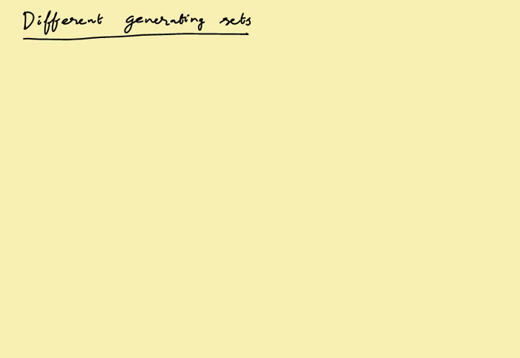Okay, so finally we'll turn to the situation that we were left with in the last screencast, which is different generating sets. Our problem with associating Cayley graphs or word metrics to a group was the following: if I take a group G, and say S and S prime are generating sets, then we had two constructions, the word metric and the Cayley graph, which had their respective advantages.